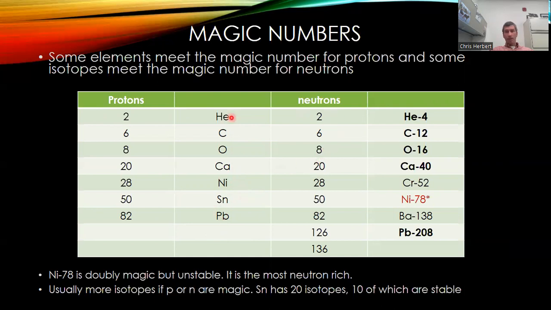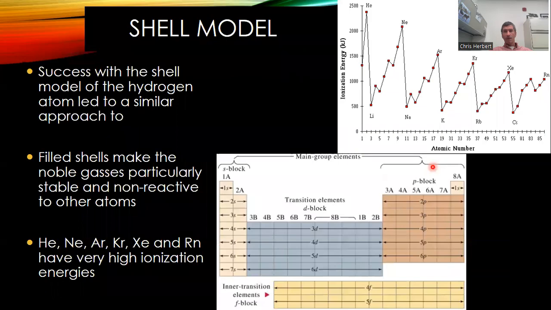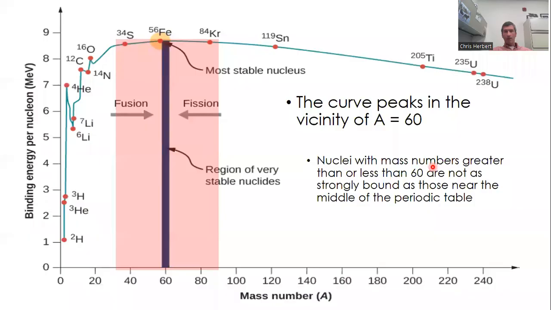Neutrons, we can actually get double magic numbers. Helium is one of those double magic numbers. So we saw a spike there. Carbon 12, another magic number. Oxygen 16, calcium 40. So let's go back to that binding energy. Helium, carbon, oxygen, calcium. And here we go.